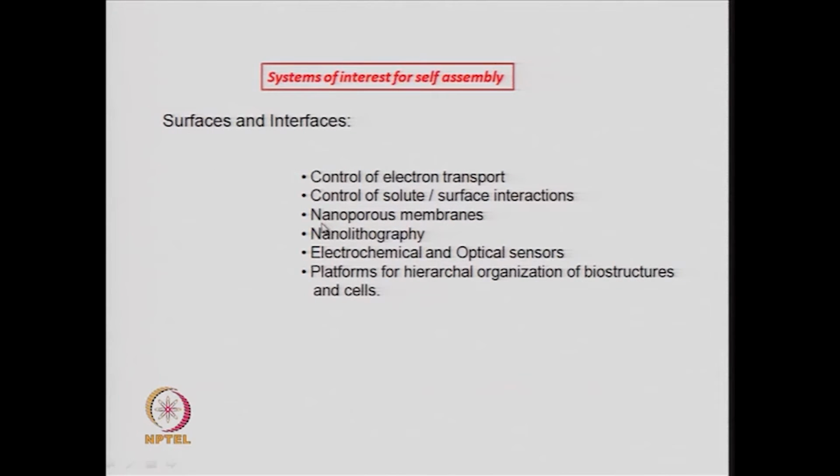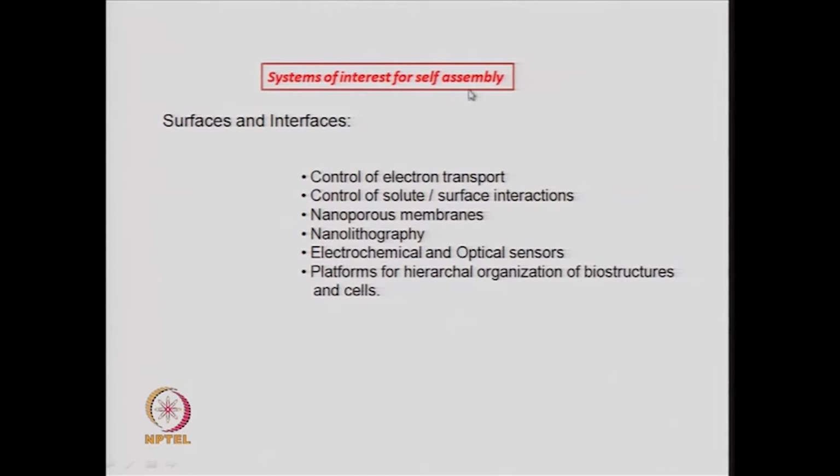We can make nanoporous membranes with designed size and distribution of the pores, which will also then control the surface area, because if you control the size and number of these pores, you will control the surface area of these membranes, which is important for several applications.